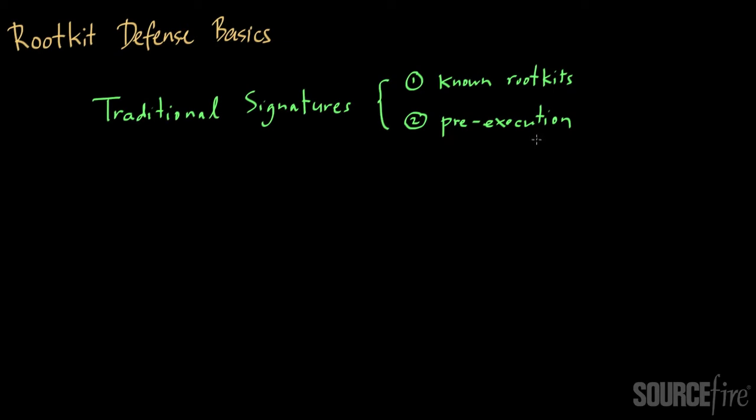You need to be able to find a tangible artifact on the system to be able to compute a signature and compare that signature against a set of known signatures. And that can't happen once the rootkit starts running, or it's a lot less likely to happen.